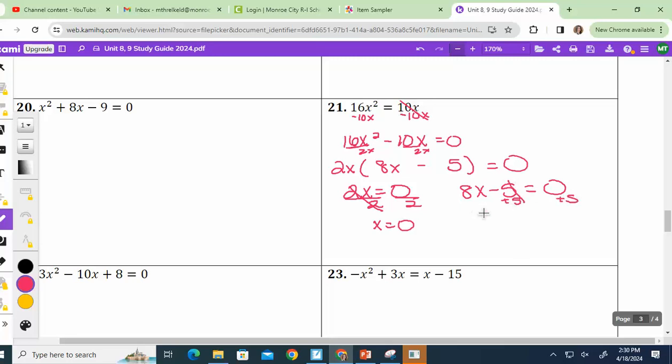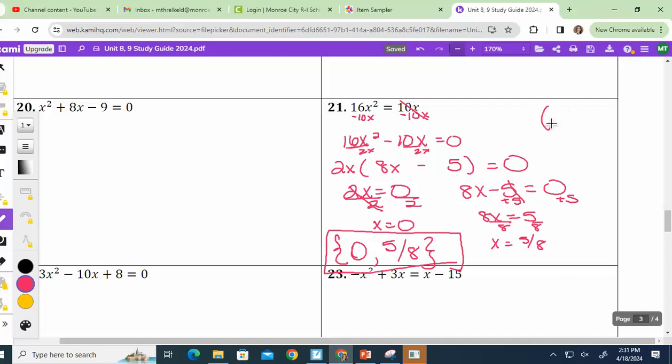This one, if I add my 5, divide by 8, we get 5/8. Make sure at the end we always write them in a solution set. That's with the squiggly brackets. Don't put parentheses. That makes it look like an ordered pair, which means something different. So make sure you're putting it in solution set. Don't write it like this.